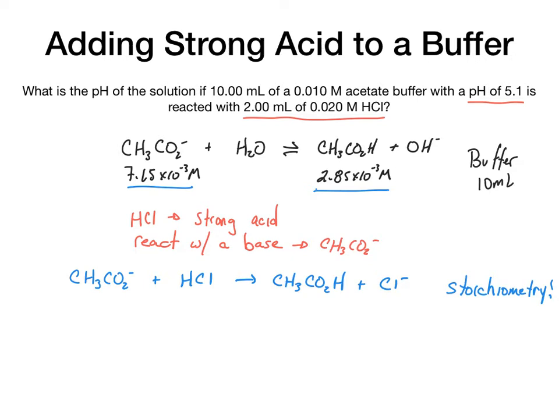To do that, I have to have moles. If I find moles, I have 7.15 times 10 to the minus 5 moles of acetate, 4 times 10 to the minus 5 moles of HCl, and 2.85 times 10 to the minus 5 moles of acetic acid. This is where I start initially, what I mix together. That's the 2 milliliters of HCl and the 10 milliliters of buffer.